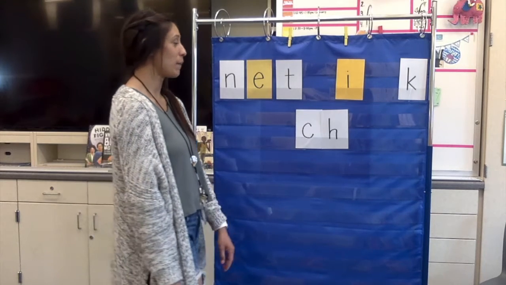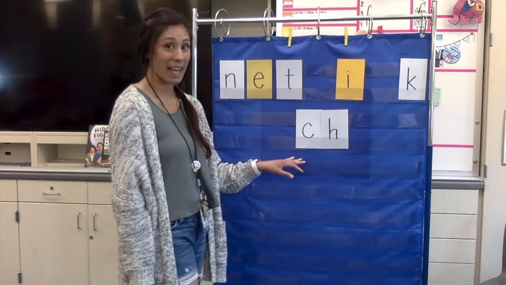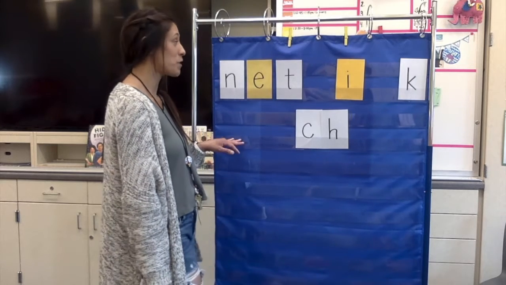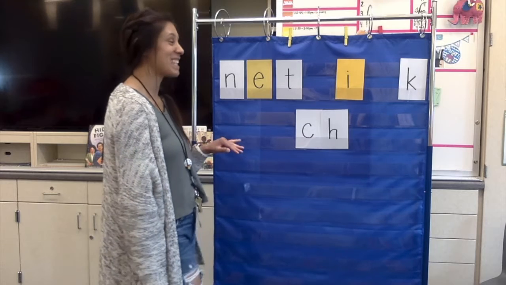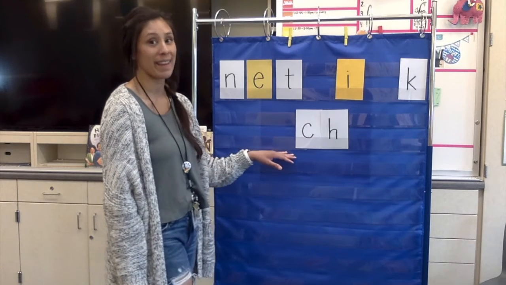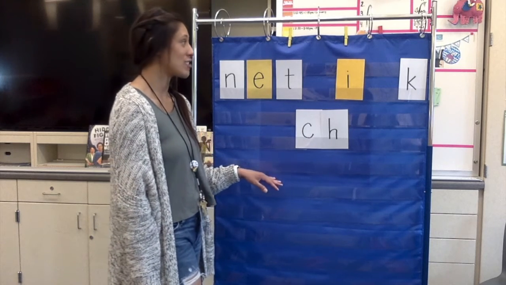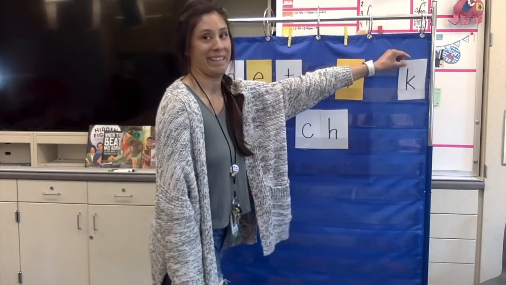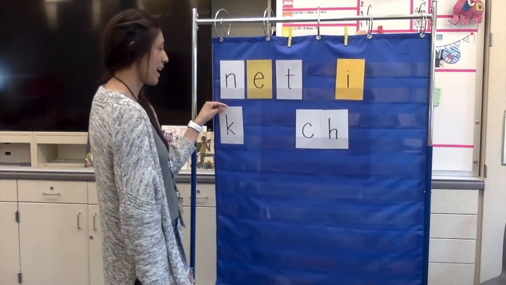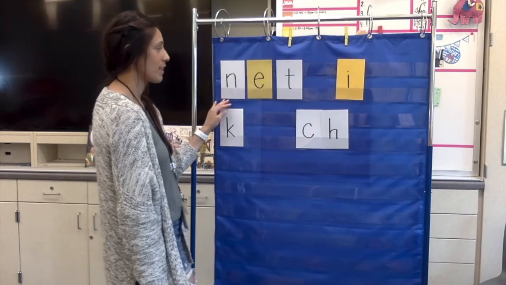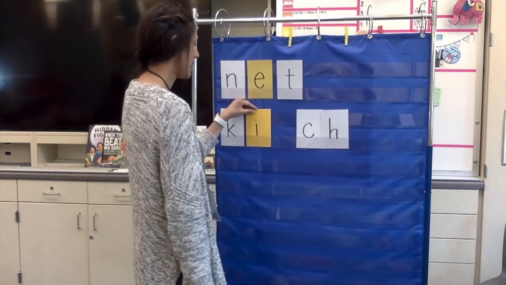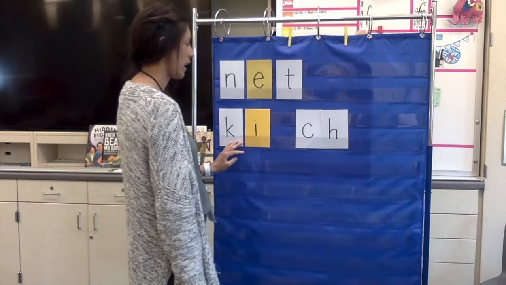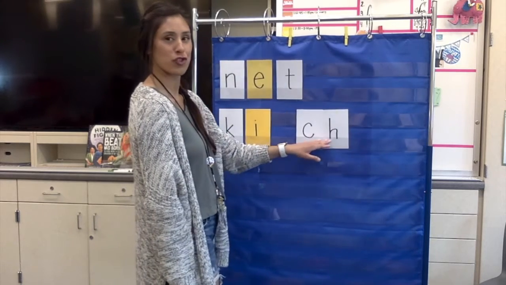All right. I'm going to go ahead and build it. And as I'm building it, if you got it, double check and make sure that you spelled it correctly. And if you didn't get it, see if you can start to guess what it is as I'm adding each letter tile. Okay, so it starts with a K. Next letter is I. So I have K, Ch.